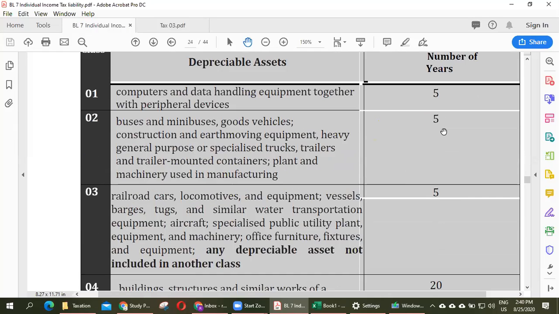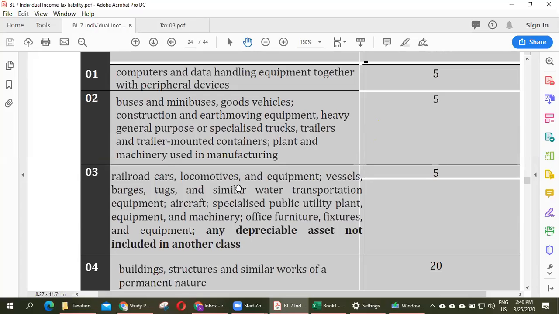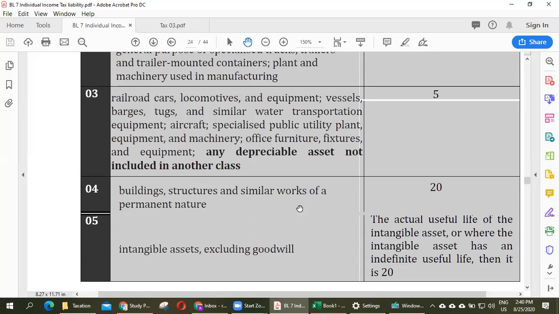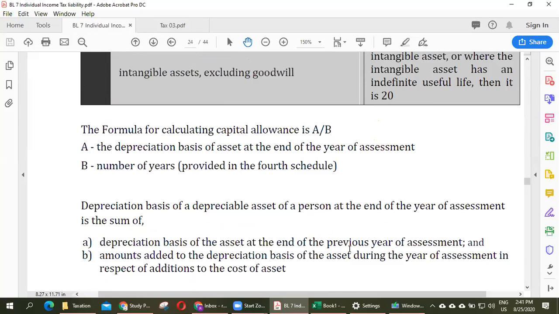Government approved, 5 years. Railroad cars, locomotives, equipment, vessels, barges, tugs, and similar water transportation equipment, aircraft, specialized public utility plant, equipment and machinery, office furniture, fixtures, and equipment, any depreciable assets not included in other classes, 5 years. Building, structure, and similar works, 20 years. Intangible assets.